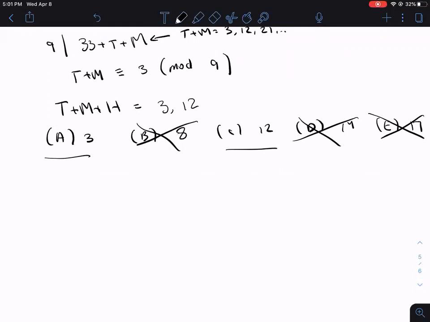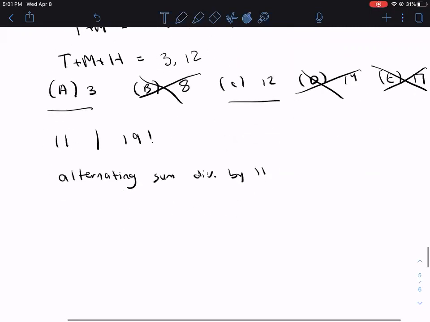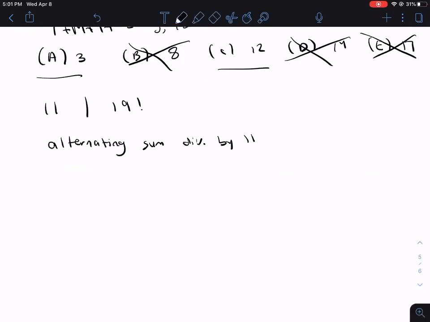Okay, so the way we eliminate down more is you note that 11 divides 915 factorial. So this means the alternating sum is divisible by 11. So since we don't have much time, I'll just give, if you do the alternating sum, you find that t minus m minus 7 is divisible by 11.